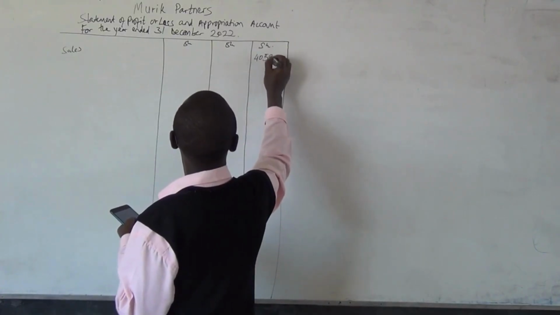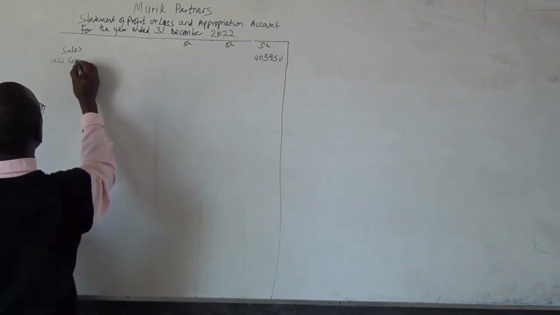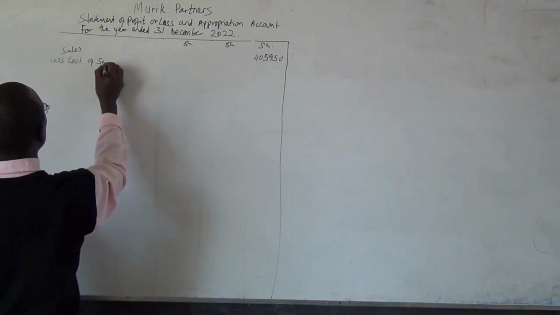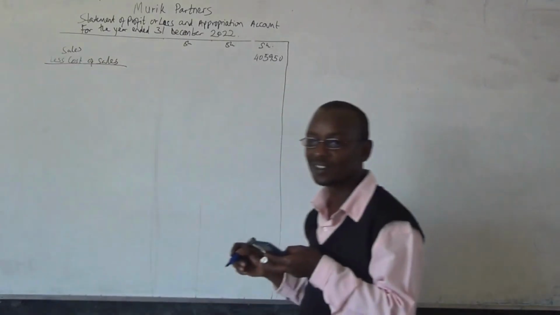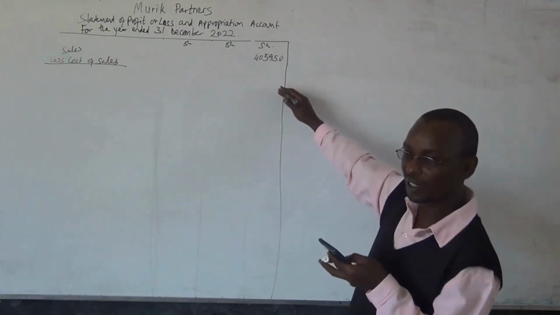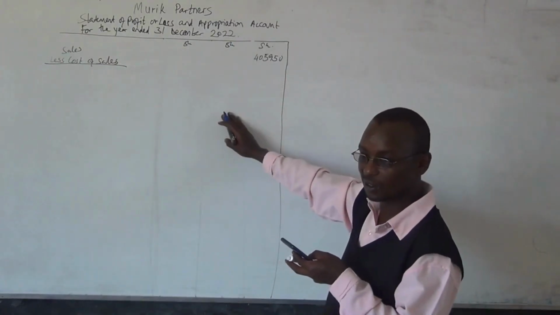Sales, 405,950, less cost of sales. If you look at the other question for sole trader, they were examining our knowledge of this. There was adjustment here, turning backwards.